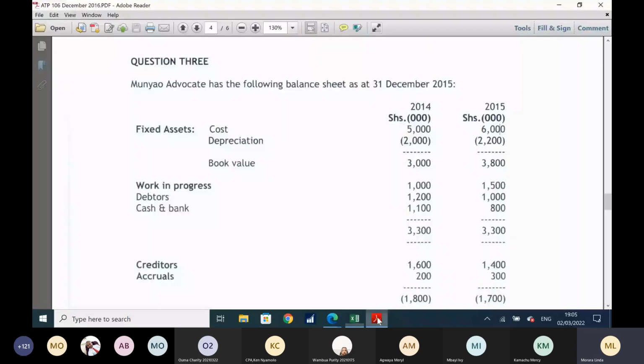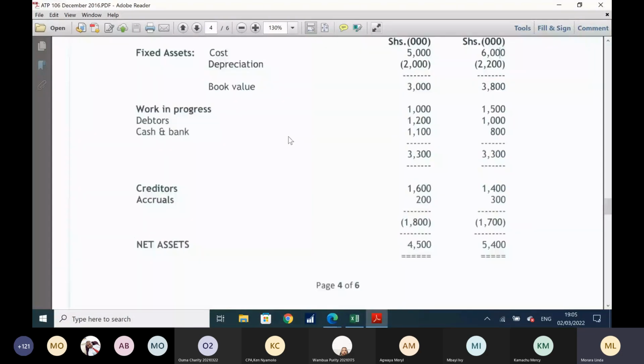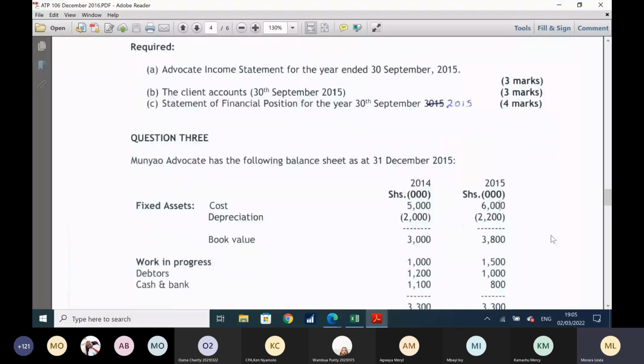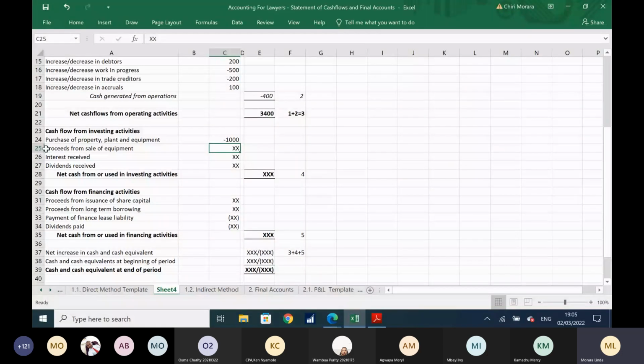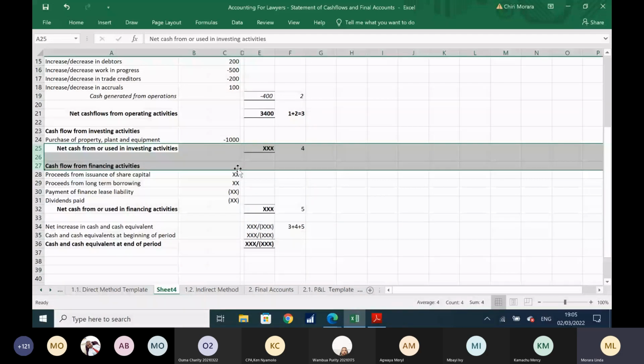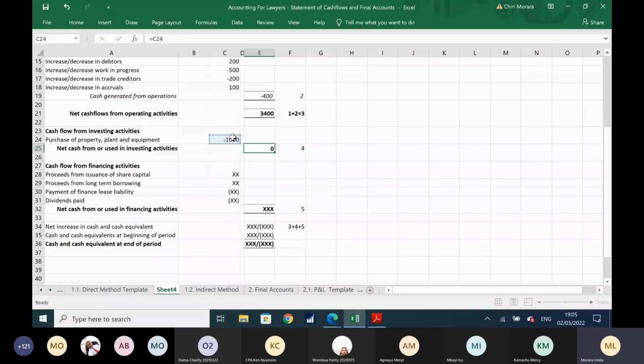And you're being told in the additional information, there was no disposal. So this was purely a purchase. You have not sold anything, you have not received any interest, so let me delete that. Our total from investing activities is just the negative 1,000 bob.